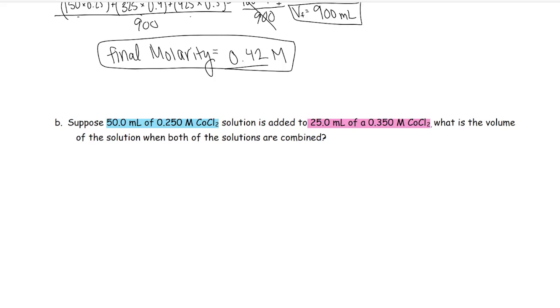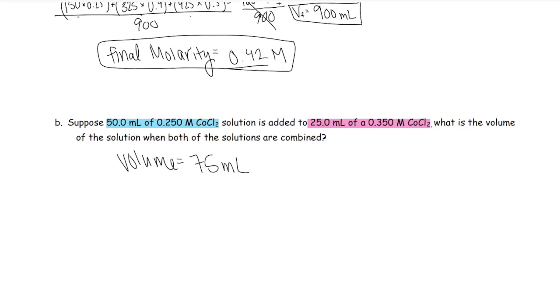Actually, this whole question is super easy. That's all it's asking for. That is added to that. What is the volume of the solution when both solutions are combined? Just 75. So your volume equals 75 milliliters.